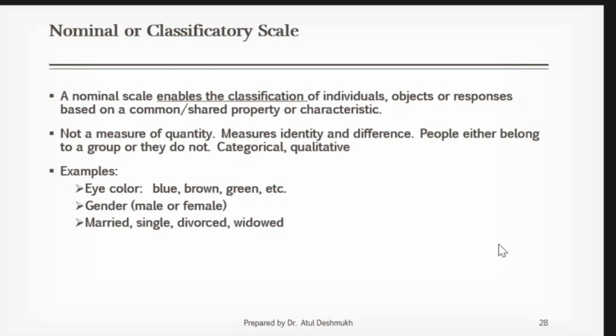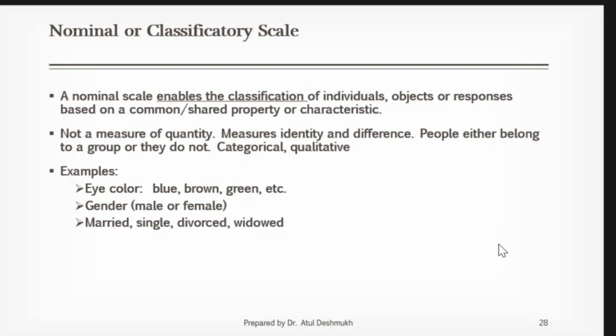So gender is my variable, and I am measuring it on this nominal scale. I am just classifying it. I am not giving any ranking, any order, or putting in terms of any number. I am just saying that this class can be classified based on gender, that is, 20 males and 20 females. So that is a classificatory scale, or a nominal scale.